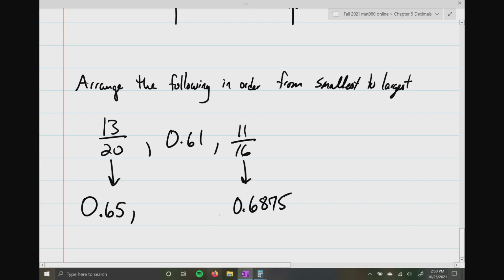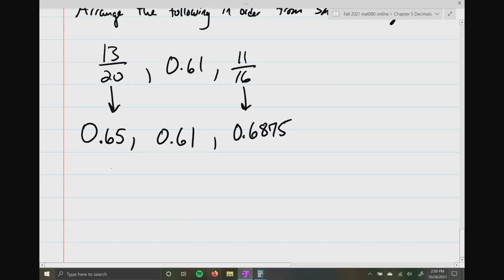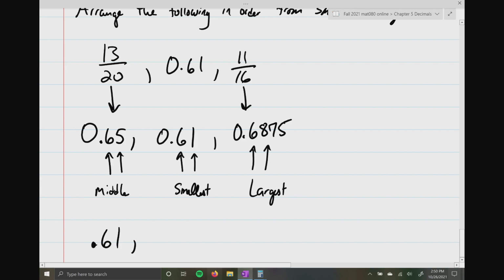So now what we can do is go ahead and compare. They all have a 6, so that stays the same. Now we have a 5, a 1, and an 8. All those are different. So the 1 is going to be the smallest. The 5 is going to be the middle number. And then the 8 is going to be the largest. So to put them in order, we go 0.61, 0.65, and 0.6875.